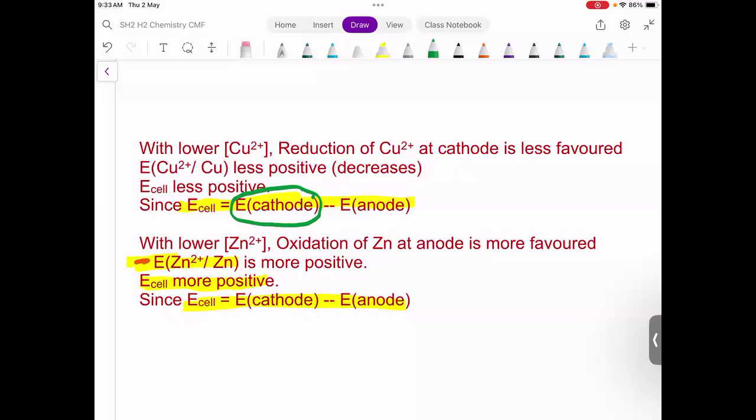So if your cathode is less positive, then of course this will drop. Yeah. So on the other hand, this is the one at the back. So if this becomes more positive, then your E cell will increase. Yeah. Which I thought is clearer to me. Yeah. But if you prefer the notes one, by all means do so. Up to you. Okay. This one I feel is less confusing.